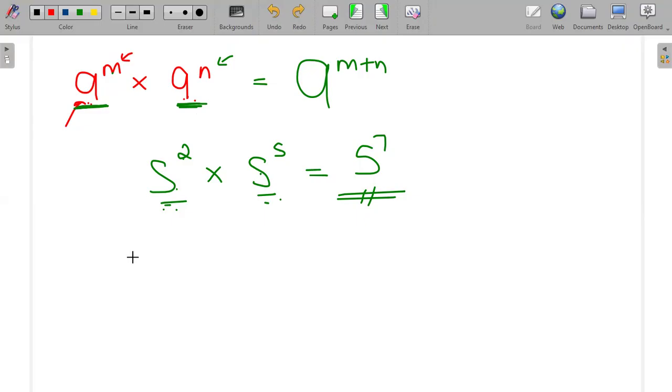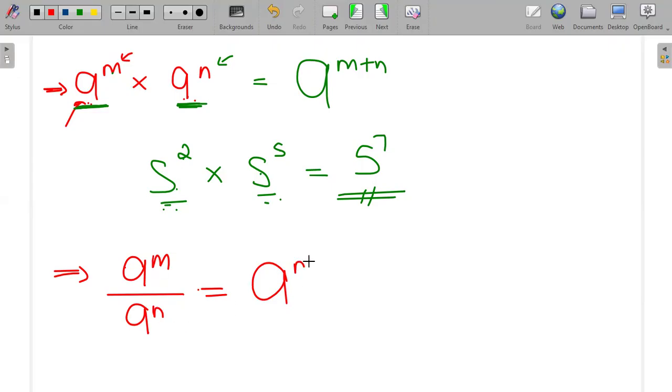All right, the other one is the rule that involves division. The previous one involved multiplication. So the other one is I have a to the power m divided by a to the power n. This will just be a, and since we are dividing, we subtract the powers, so it will be m minus n.